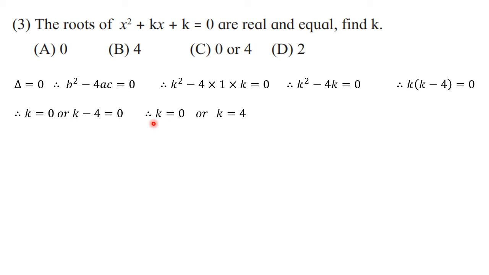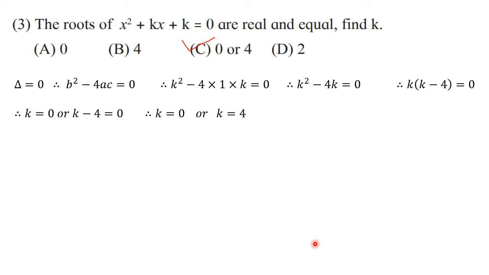And from that we got two answers, k is equal to 0 or k is equal to 4. And therefore here our correct answer is option C. If you cancel k here, then you will get k is equal to 4, which is a wrong answer. Here two values of k are possible. Okay, so the correct option is option C.